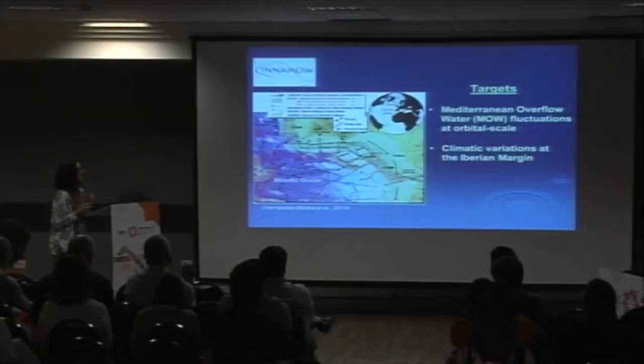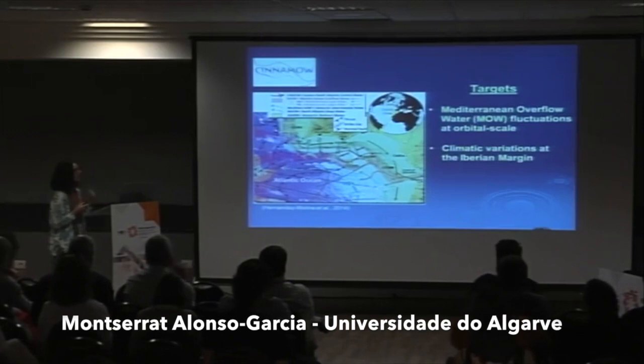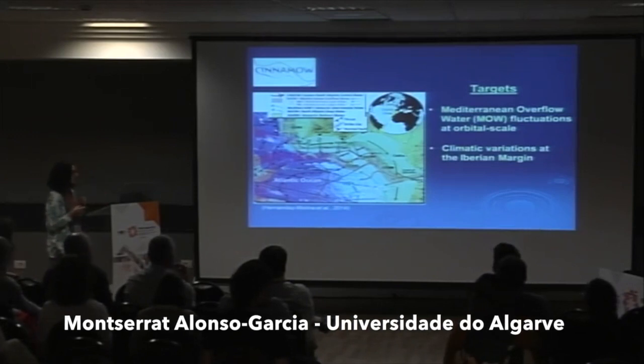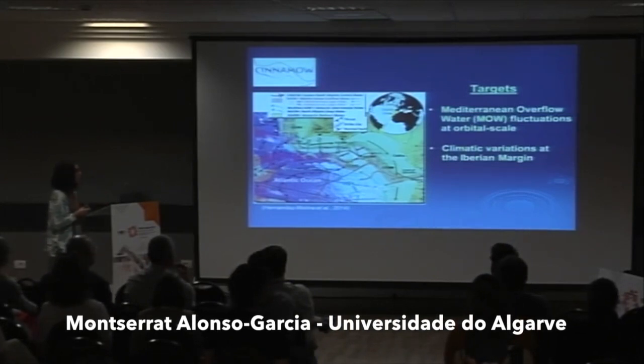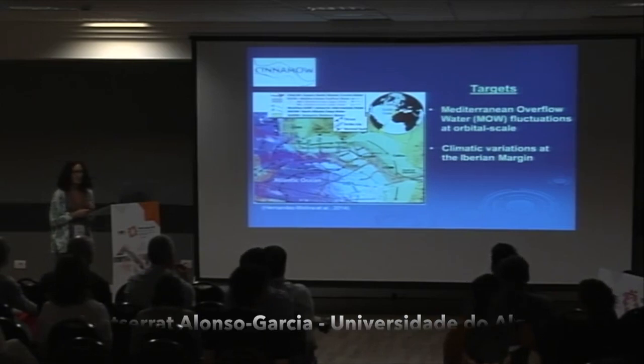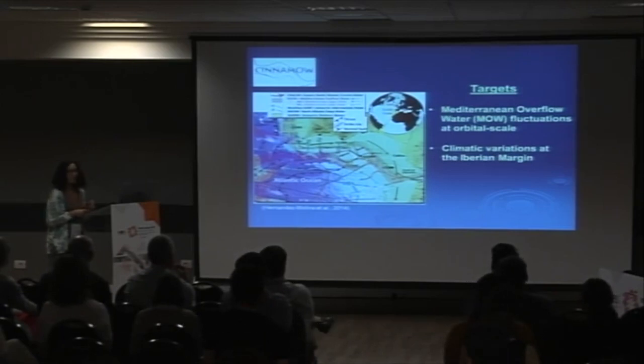Today I'm going to talk about my work in the project CYNAMO, which aims to reconstruct Mediterranean Overflow Water fluctuations at orbital scale during the Plio-Pleistocene transition and the climatic variations in the Iberian margin for the same time interval.